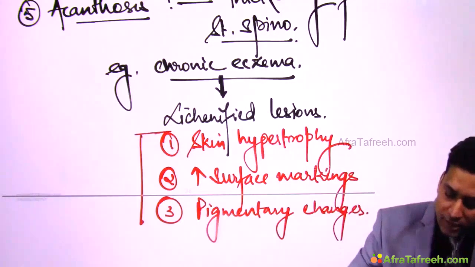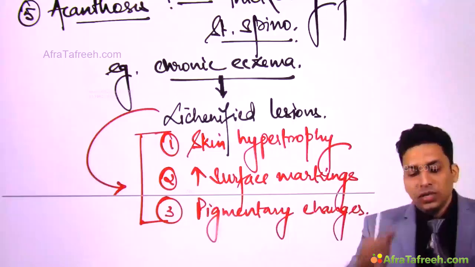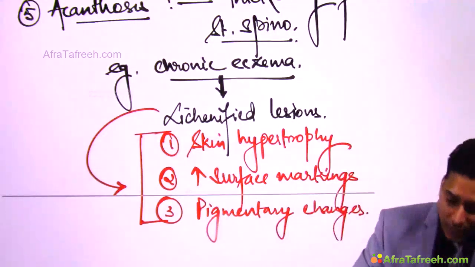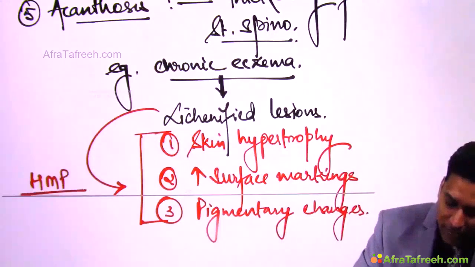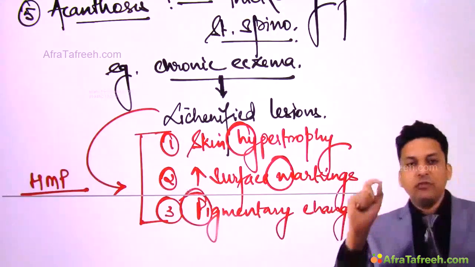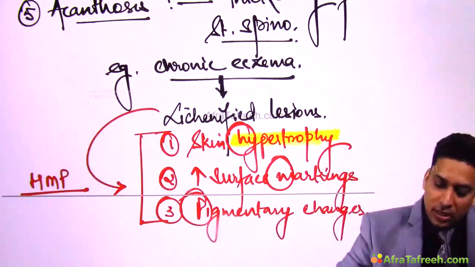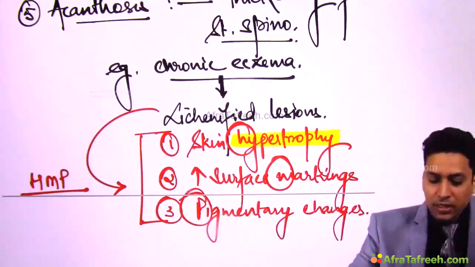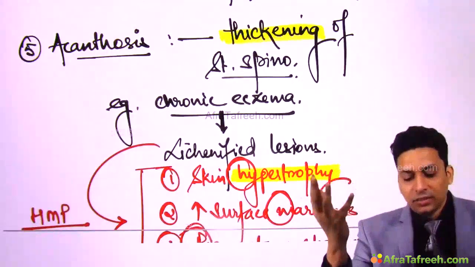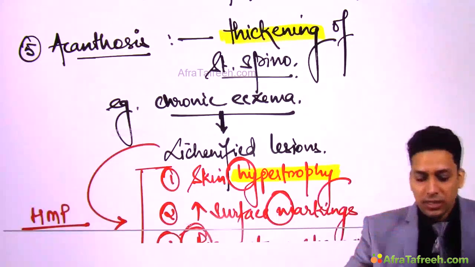So if you find these three things in a lesion, that lesion is known as a lichenified lesion. Skin is thickened, there are increased surface markings and pigmentary changes, and this is a simple mnemonic to remember them, that is HMP: hypertrophy, increased markings and pigmentary changes. So if you find HMP, that is a lichenified lesion, and it is very obvious because the skin is thick. When you do biopsy, again you will get what? Thick stratum spinosum. That is acanthosis. So acanthosis is seen in chronic eczema, and ballooning and spongiosis are seen in acute eczema.